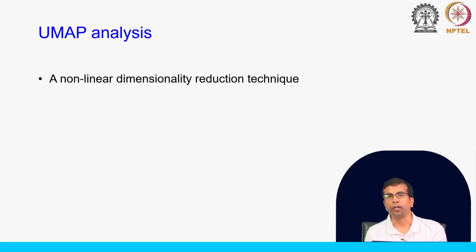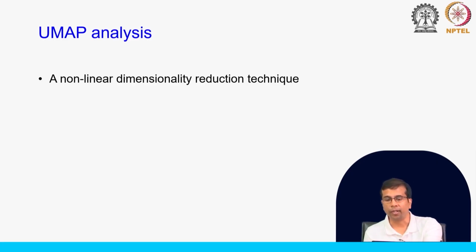But this is also important because not all features that we use will have a linear combination. The final principal component will always be a linear combination of the features, whereas UMAP is not, and this is something that is true for biological data, right. Not all features are linearly correlated or have a linear association.